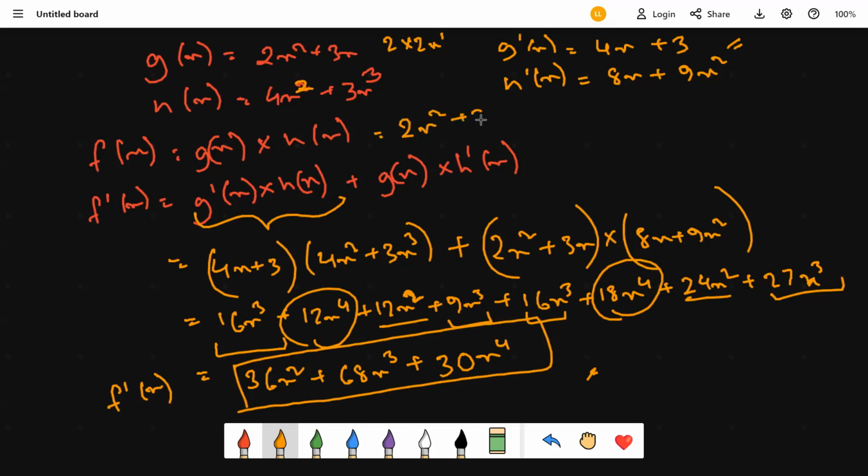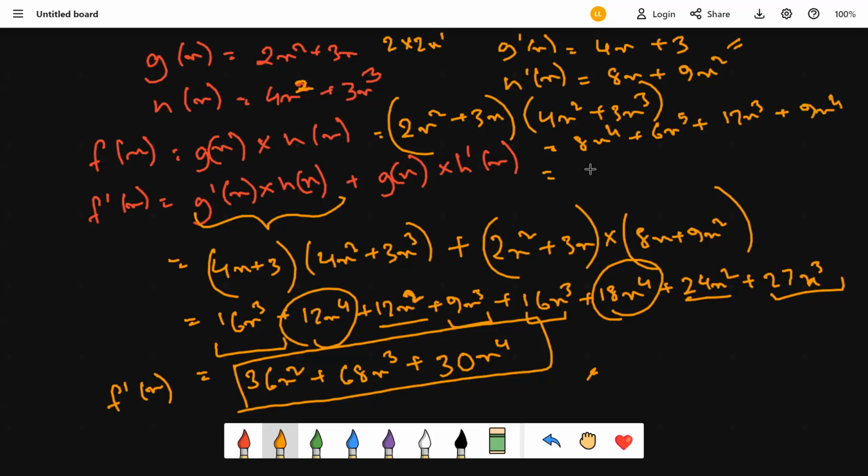It would be 2x squared plus 3x times 4x squared plus 3x cubed. Multiplying them, then breaking the brackets and using the sum rule, we could have done it this way: 8x to the power 4 plus 6x to the power 5 plus 12x cubed plus 9x to the power 4.